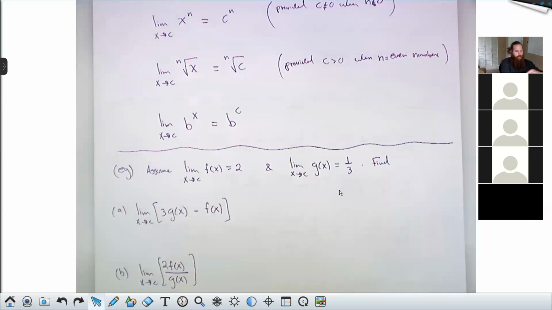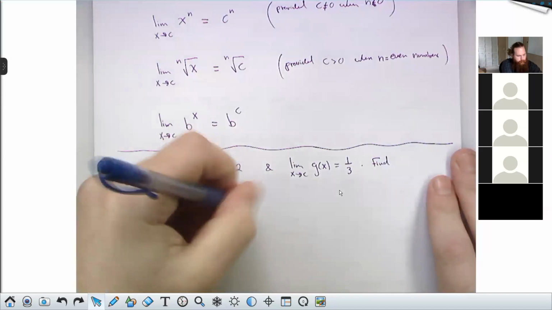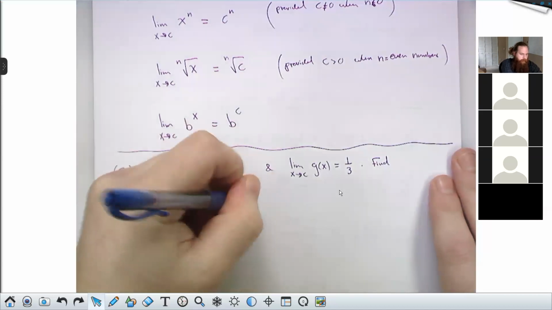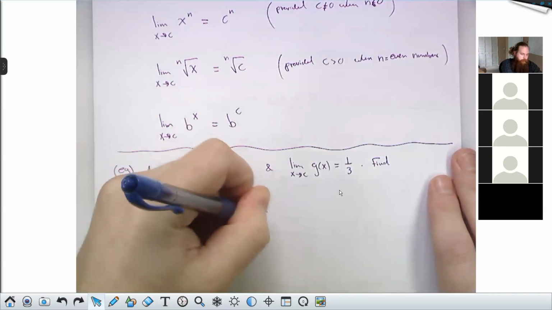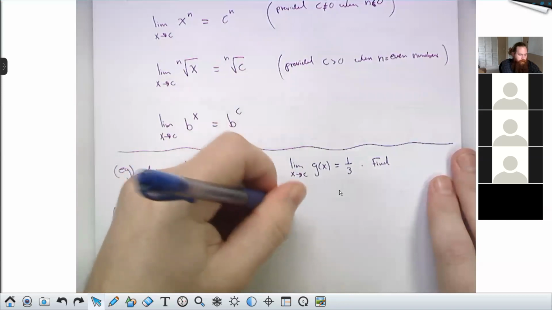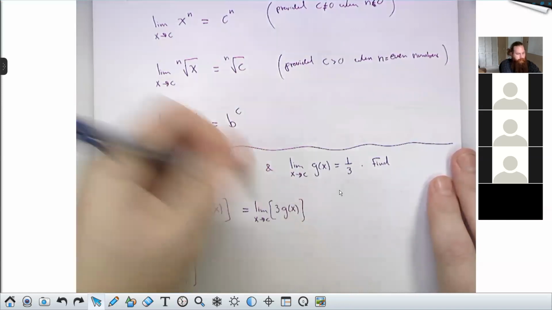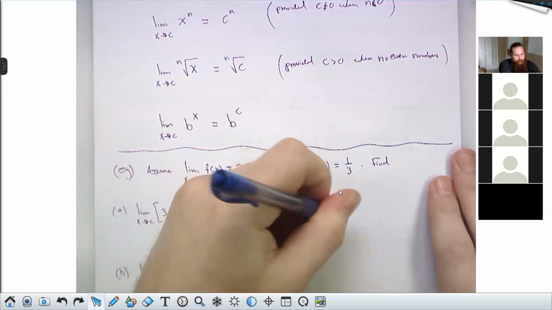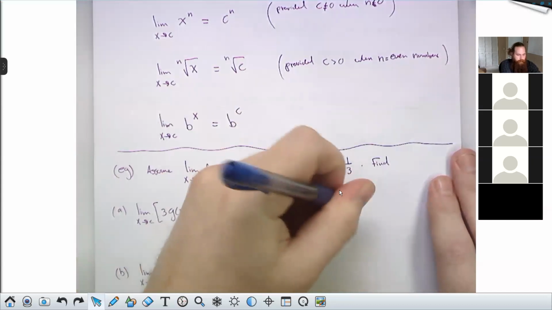Okay, cool. So for part A here, we would want to use our limit laws to split this up. I could treat this as the limit as x goes to c of 3g of x minus the limit as x goes to c of f of x.